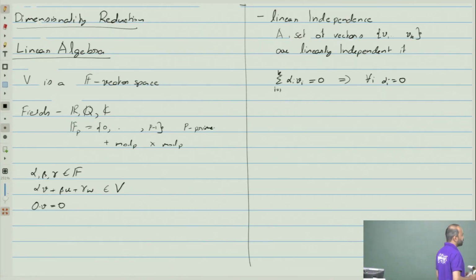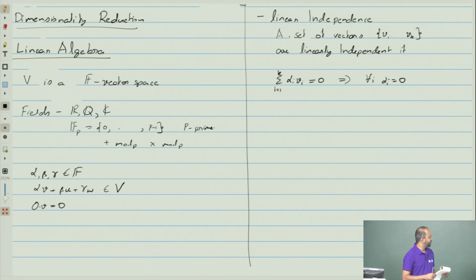So a set of vectors is linearly independent if there is no non-trivial linear combination which makes it equal to 0. Non-trivial meaning some alpha i is non-zero. If all alpha i's are 0, obviously it is 0, and that is the only way to make them sum up to 0. That is what linear independence is.